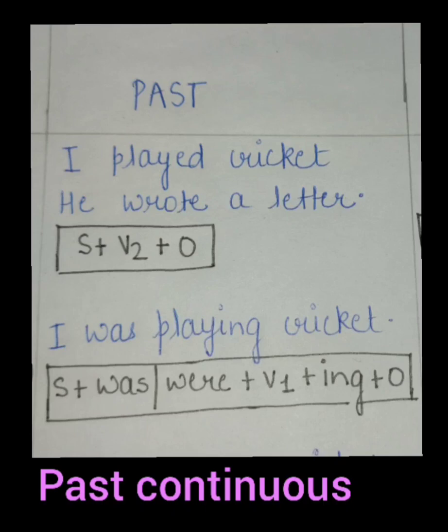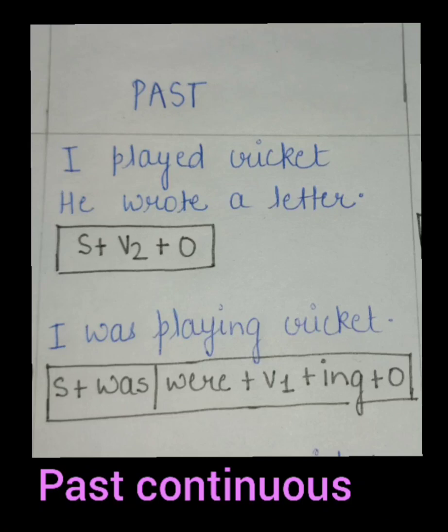I was playing cricket. Students, try to understand the sentence clearly. In present continuous, it was I am playing cricket. Whereas in past continuous, it has changed into I was playing cricket. So, what will be the rule? Subject plus was were plus verb first form plus ing plus object.